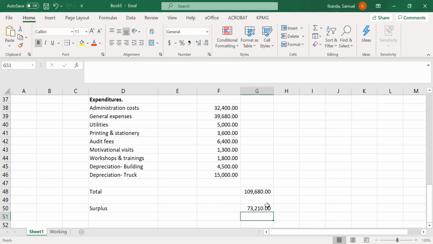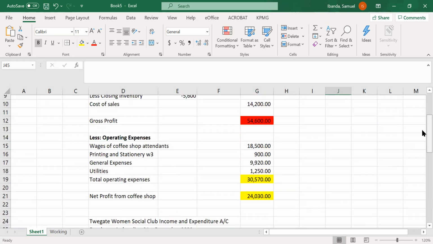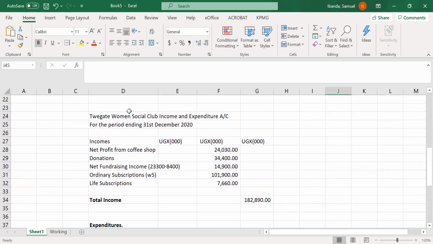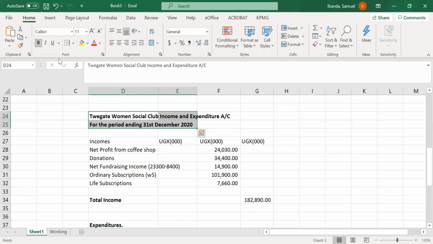Do we see the 7320? That is our surplus, the one that we have gotten in our income and expenditure account.